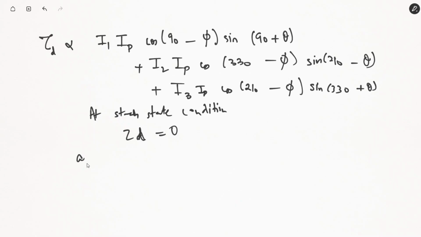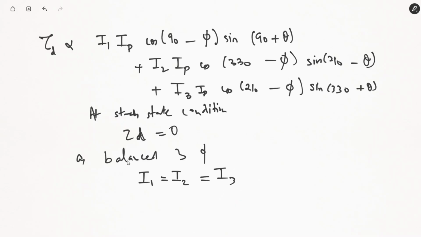For a balanced three-phase circuit, I1 will be equal to I2 will be equal to I3.